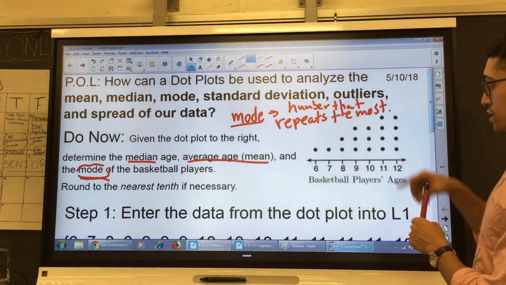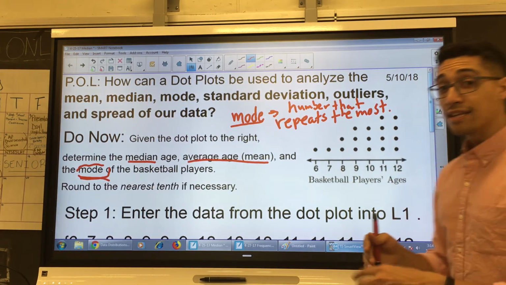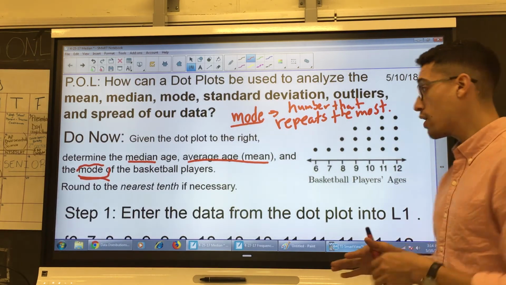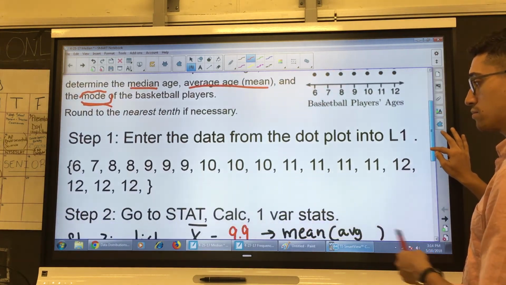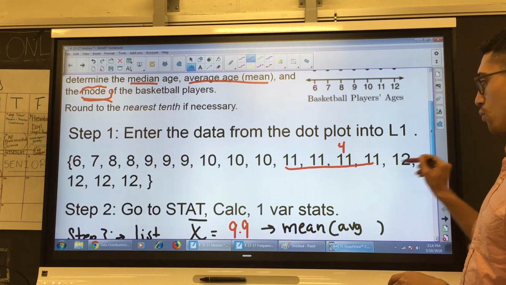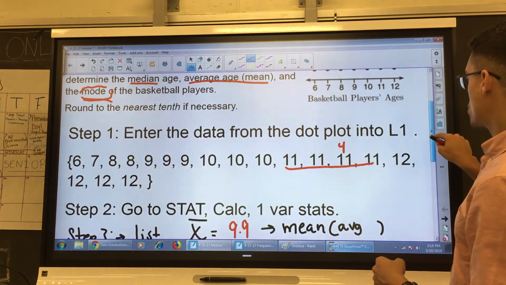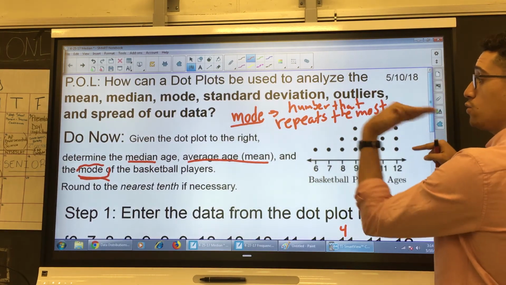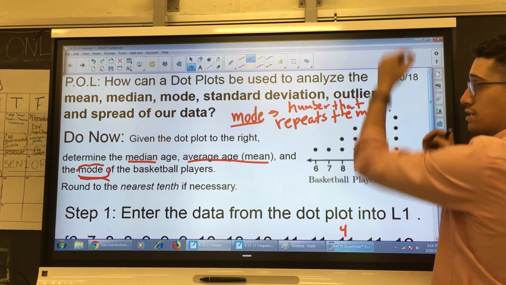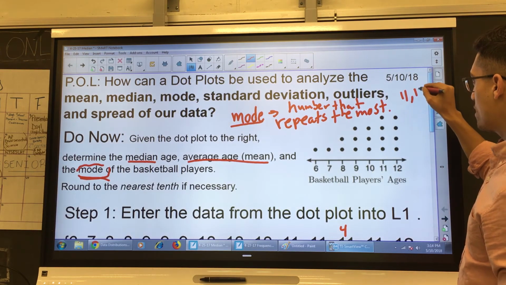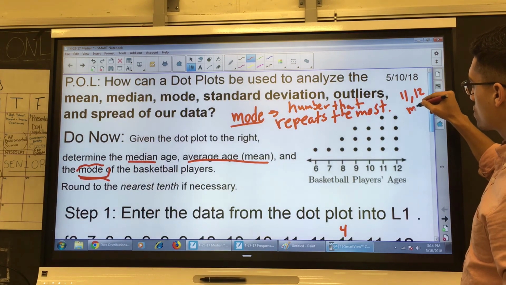In this case, there's 4 11s and there's 4 12s, as I showed you here in the data, right? So in the dot plot, you could see the modes just by looking at which one has the most dots. So the modes are 11 and 12. Those are the modes.